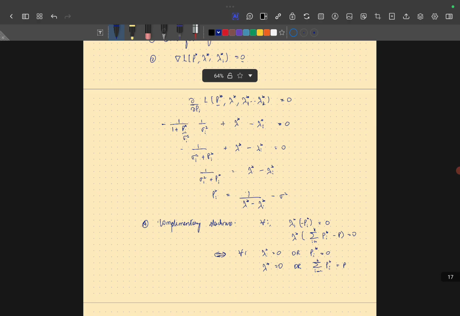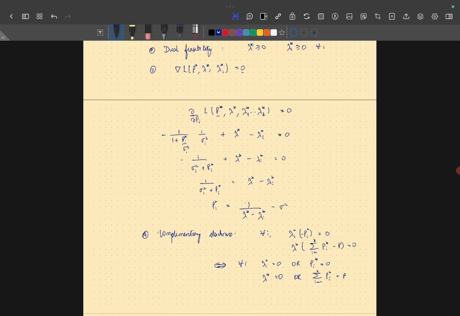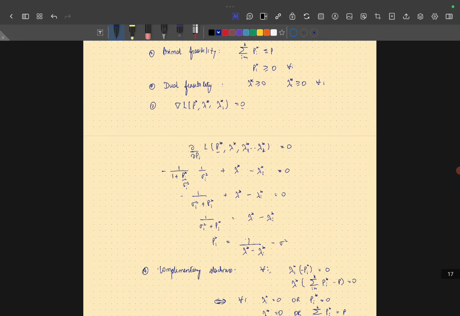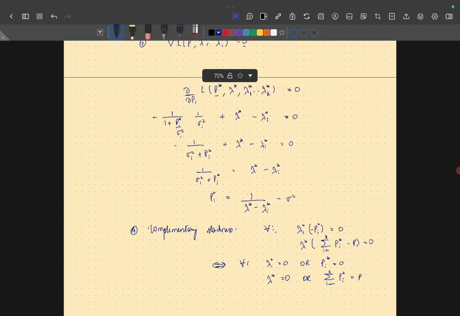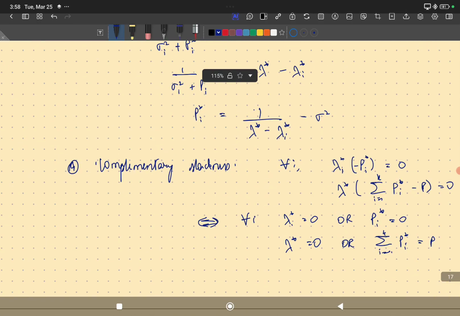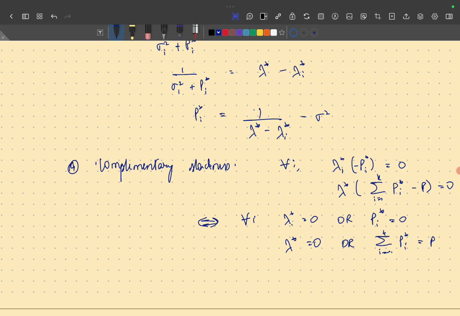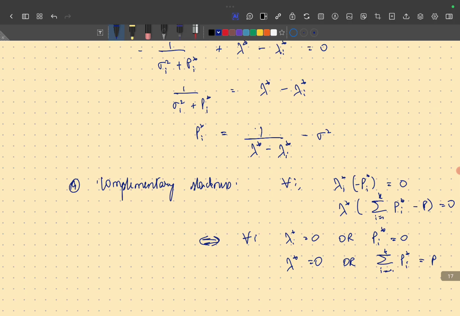So the goal is to come up with some choice of pi stars such that all of these conditions are satisfied. So first, let's try to eliminate some of the easy ones. Let's see if lambda star can ever be equal to 0. Suppose that lambda star is equal to 0.